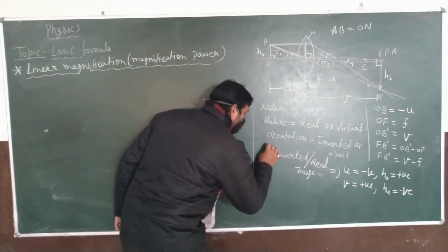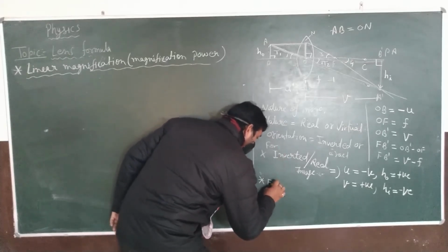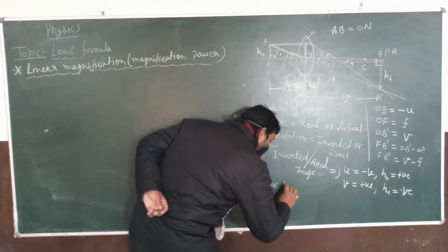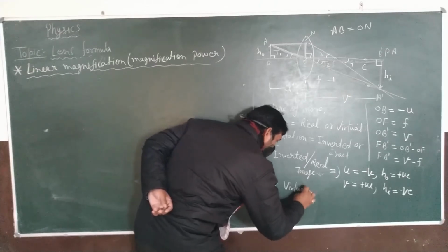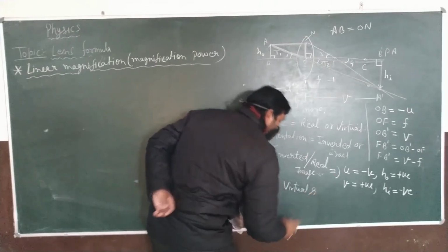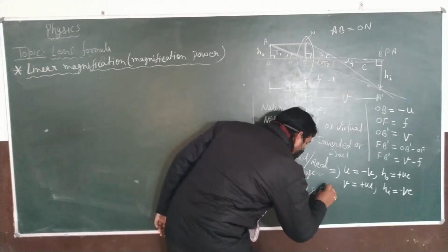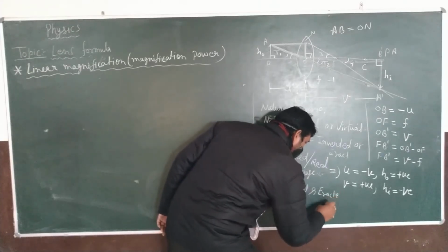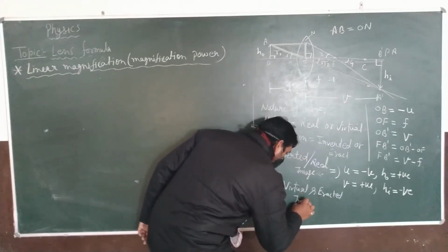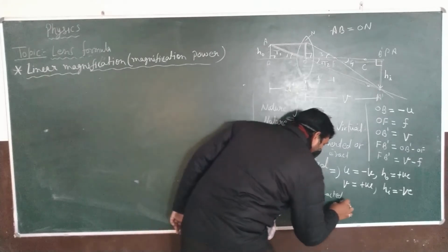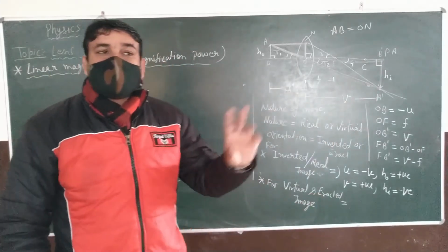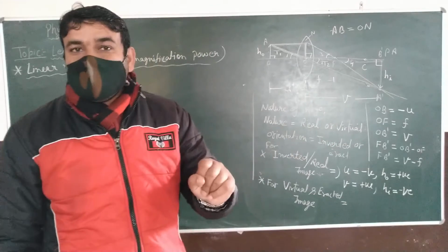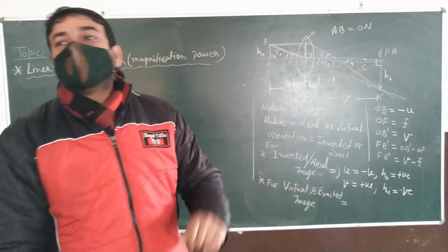And second, for a virtual and erected image. As we discussed in the last case of image formation, the erected image is formed on the same side of the object.